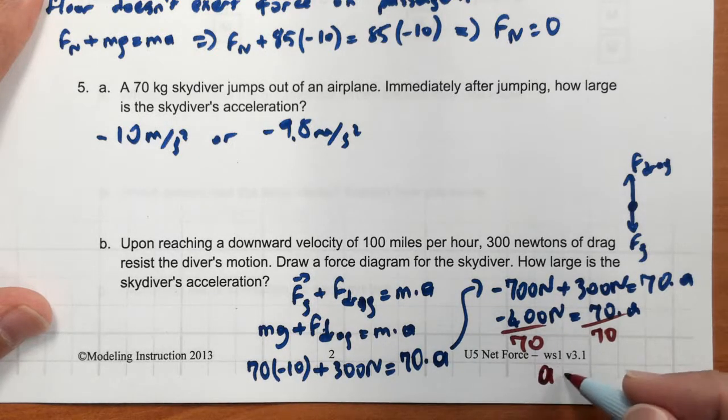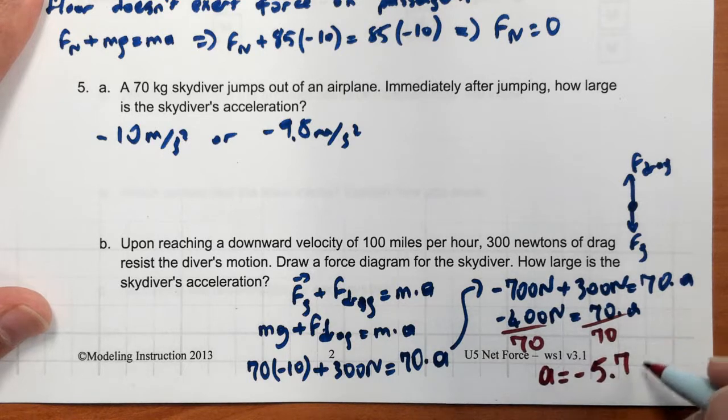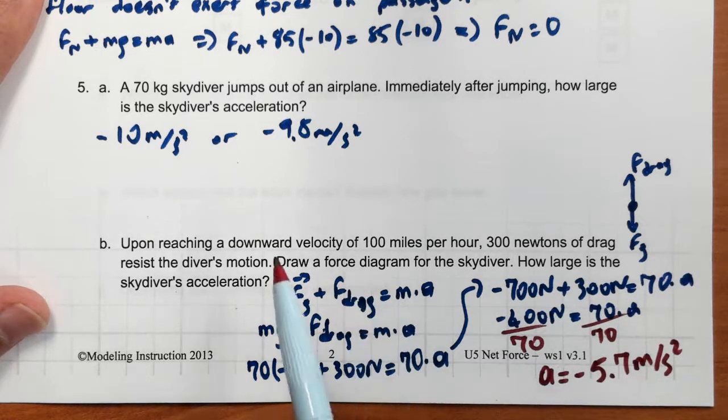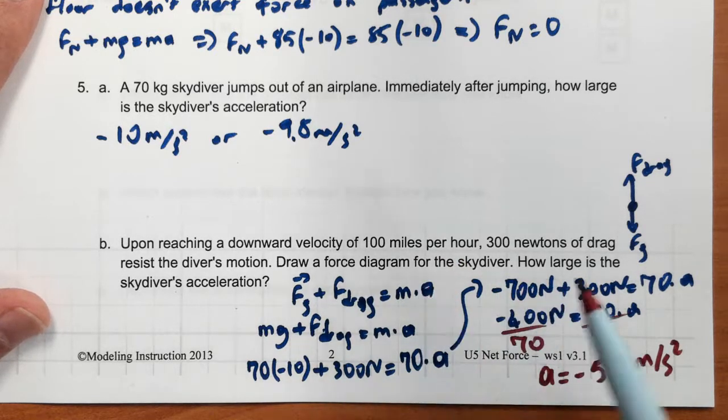Acceleration will be negative 5.7 meters per second squared. So now you see that it is given the downward velocity of 100 miles per hour, but we didn't need to use that.